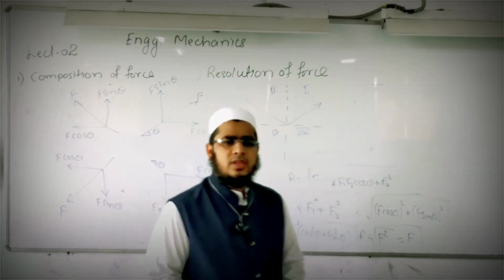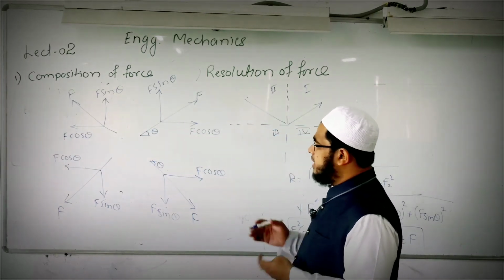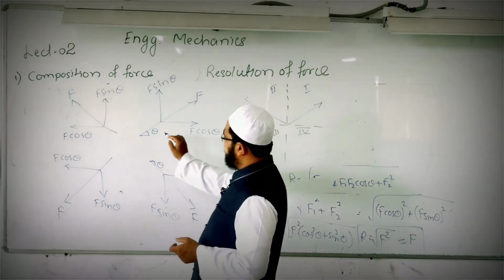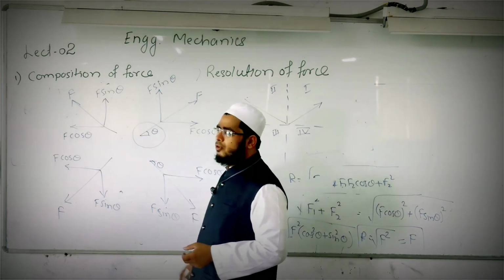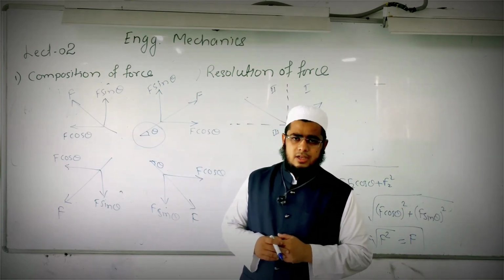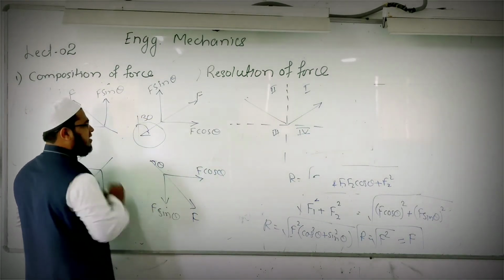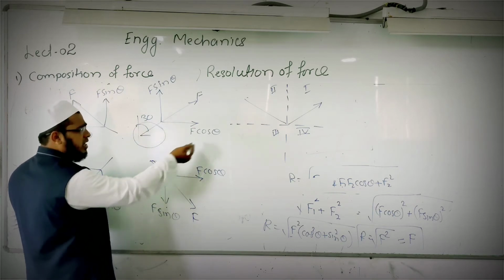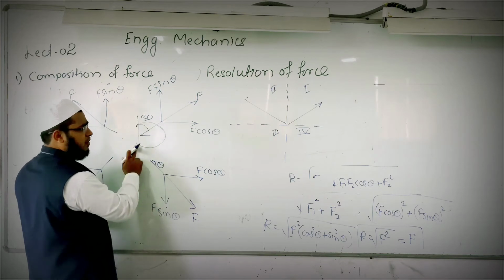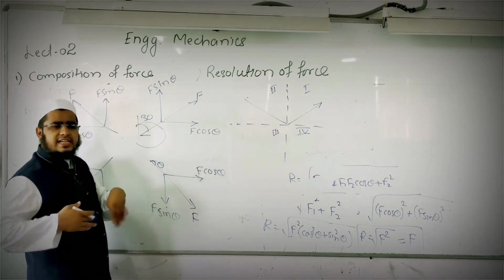For magnitude there is no problem. Horizontal is with cosine and vertical is with sine. A very important point is that this angle theta is measured from the horizontal reference line, or the x-axis. Always remember, if the angle is given from the y-axis, say 30, then for simplicity you can reverse: this will become F sin theta and this F cos theta, but it creates confusion.